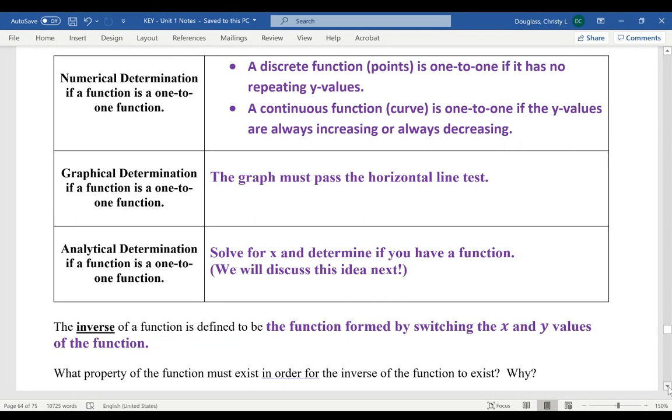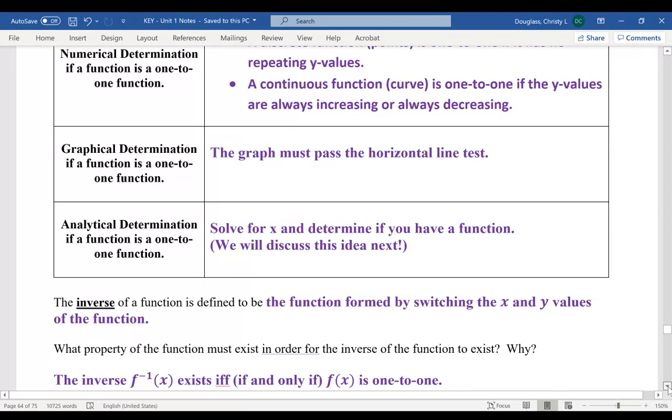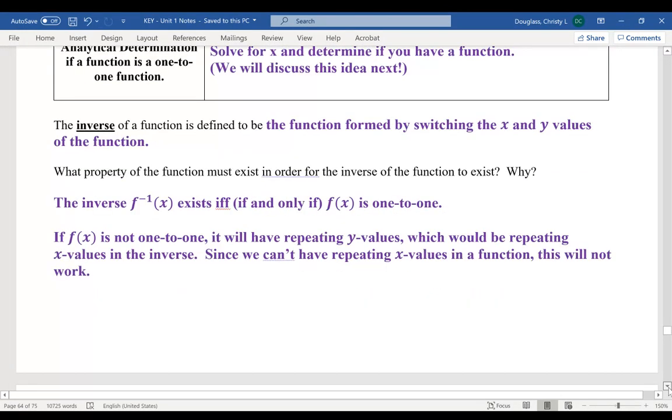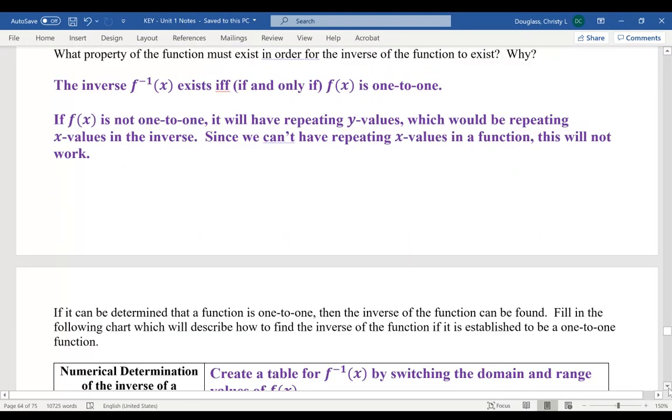What property of the function must exist in order for the inverse of the function to exist, and why? The inverse, which we will denote as f^(-1)(x), exists if and only if f(x) is one-to-one.